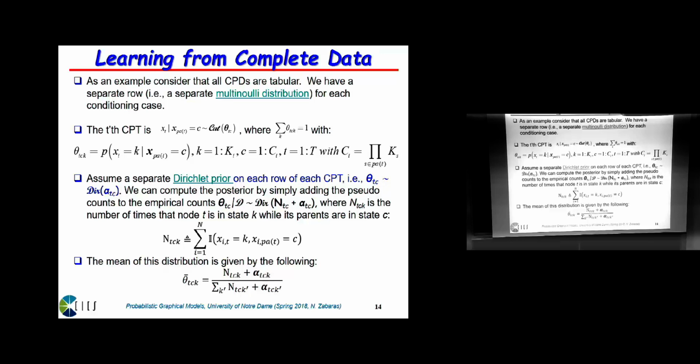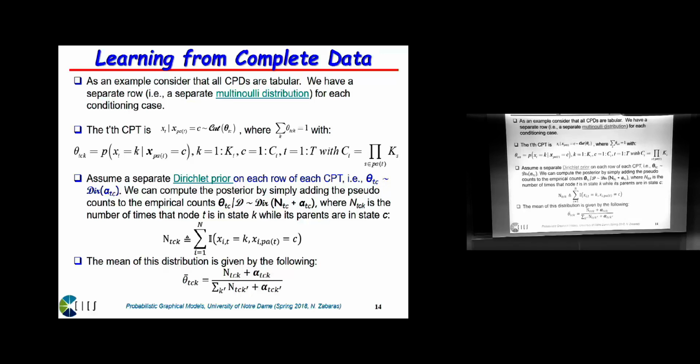So that's the empirical count. If you work the algebra, actually there's no algebra, this is the sufficient statistics for this problem. It's a summation over the data set of the indicator function, and it counts the times in your data set that node t is in state k, given that its parents are in state c. So the mean of the Dirichlet distribution, if you check on Wikipedia, you will see what the mean is.